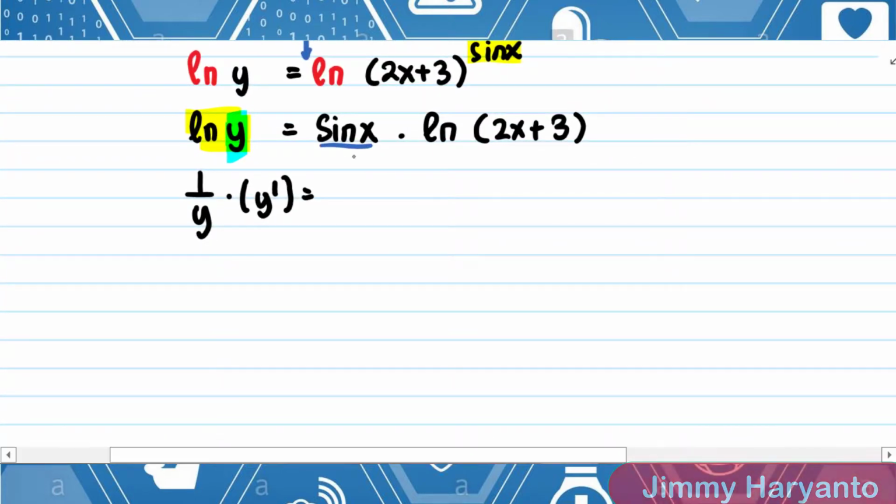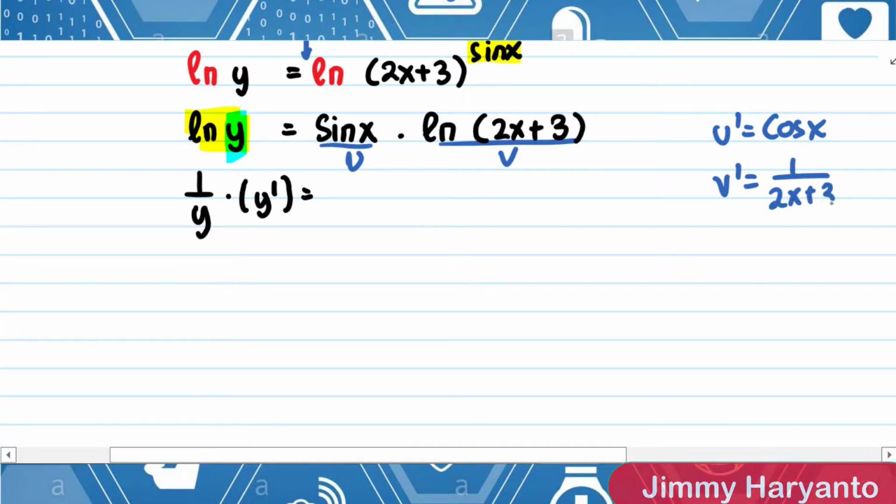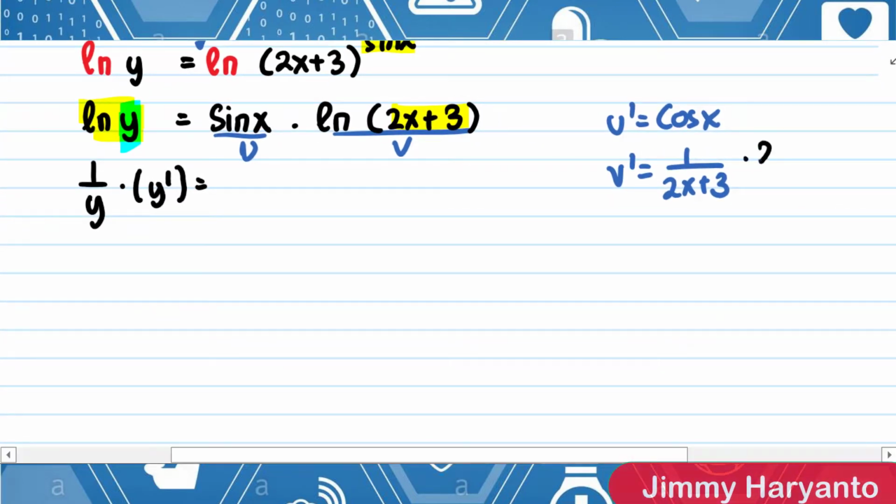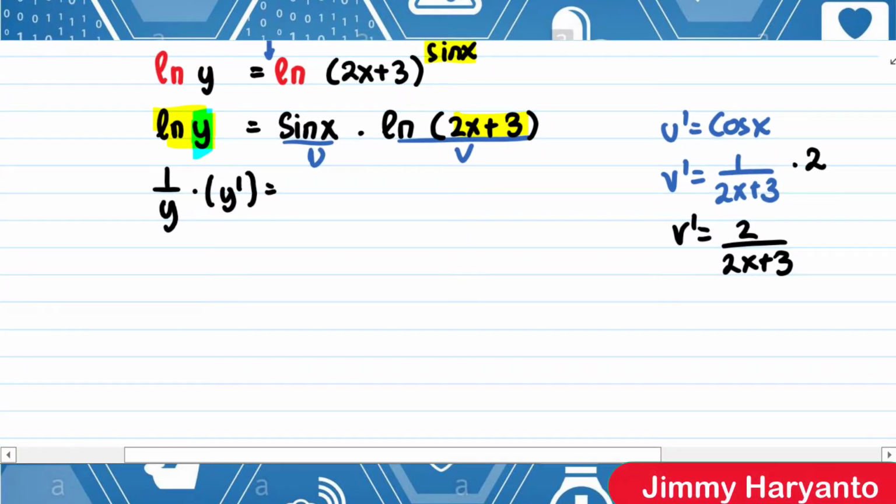Okay, next for the right side, we have u times v, right? u prime equals cos x, v prime equals 1 over 2x plus 3. Don't forget to times it with the inner function, times 2, so v prime equals 2 over 2x plus 3. Okay, good. Next, the formula is u prime v plus u v prime.